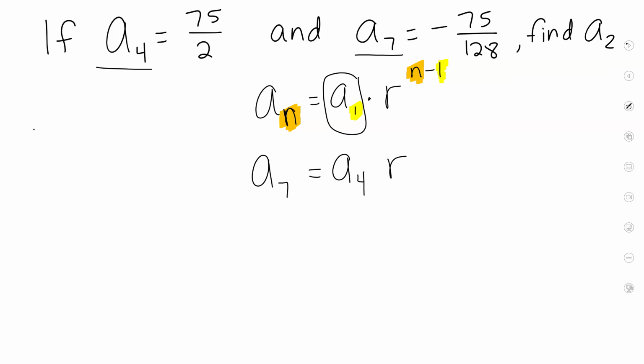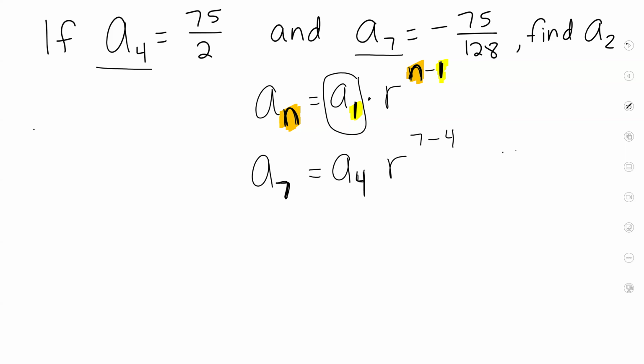This value has to match this value. So I'm going to put a 7 here since I have a 7. This matches this. So that means this 4 will be right here. Okay, now I do not know the ratio. They did not give me that information.